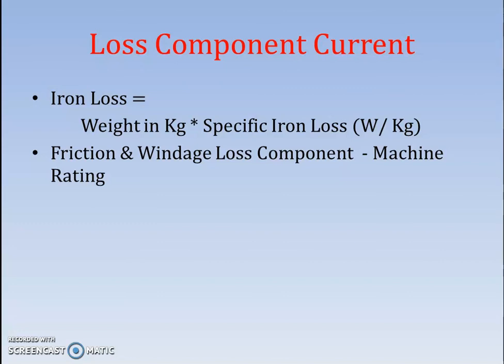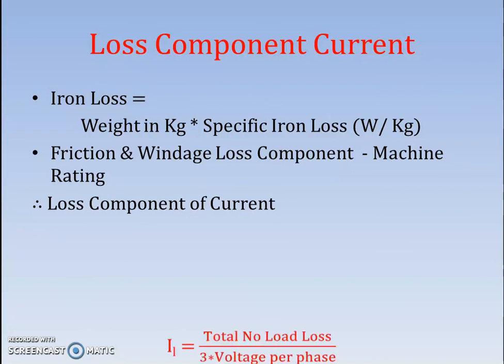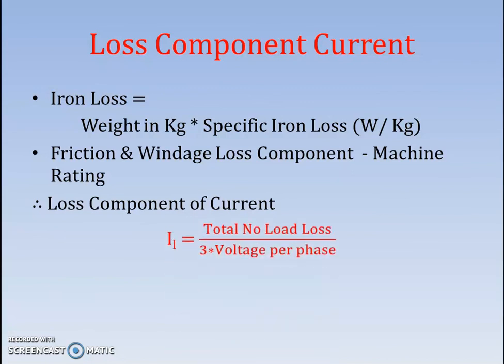From the standard table, based on the rating, we are able to calculate the friction and windage loss component. And therefore the loss component of the current is the total no load loss divided by 3 times the voltage per phase.